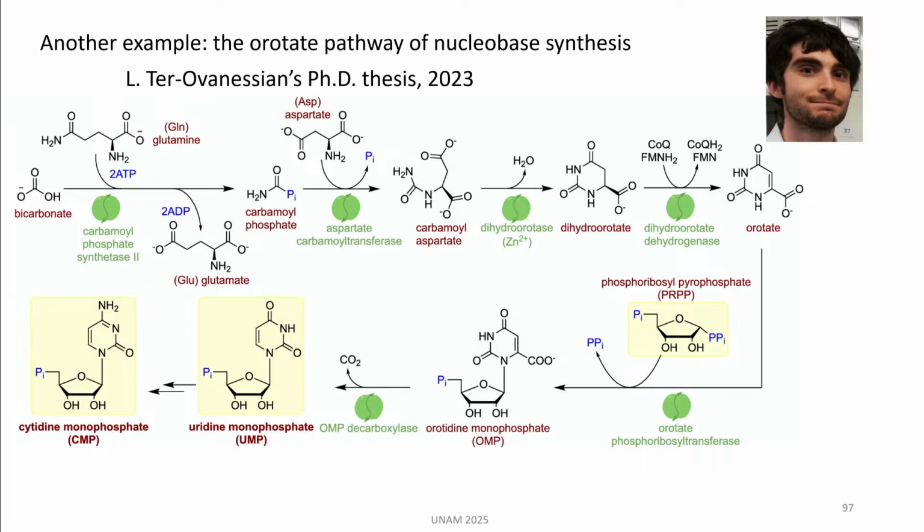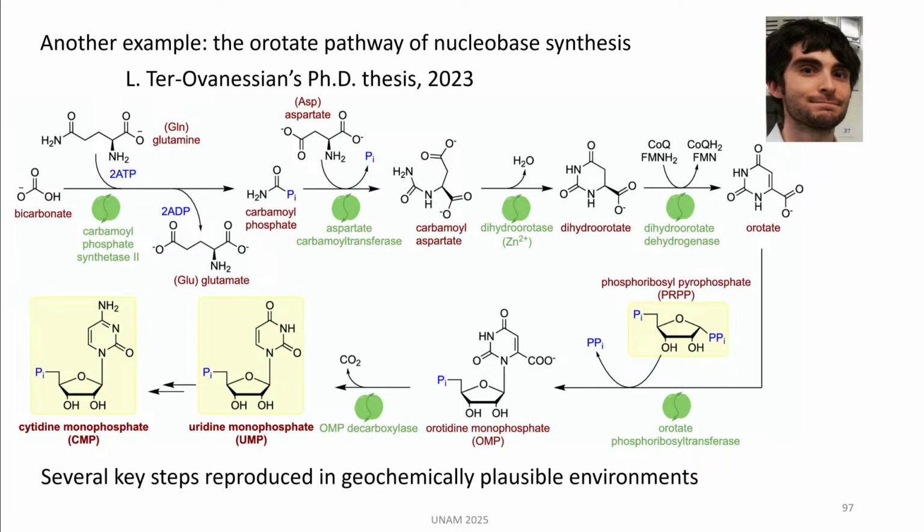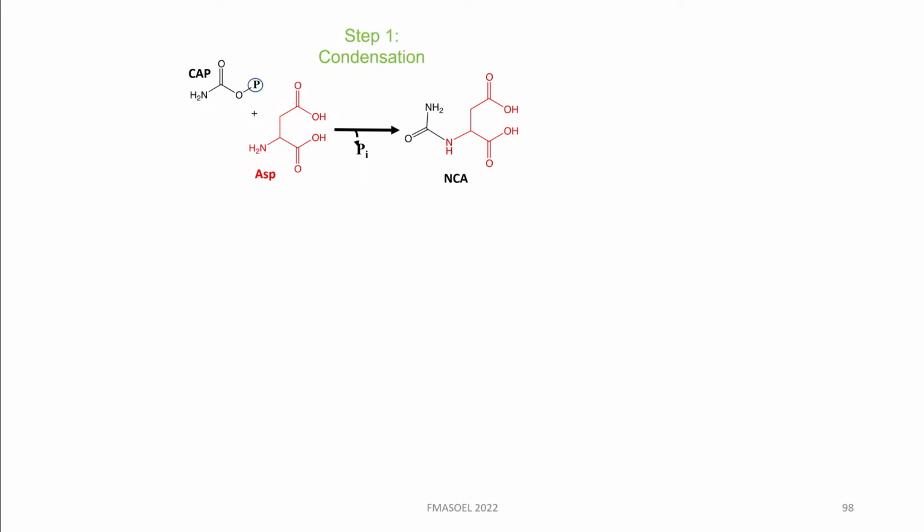And Louis Thérault-Vanessian, who was a PhD with Marie-Christine Morel and myself, has indeed succeeded in reproducing some key steps of this reaction cycle. Now, the first step, condensation, should be with something called carbamoyl phosphate, but that didn't work.